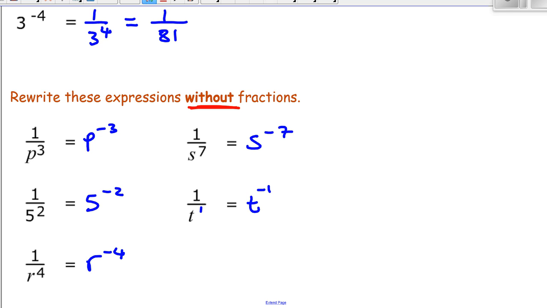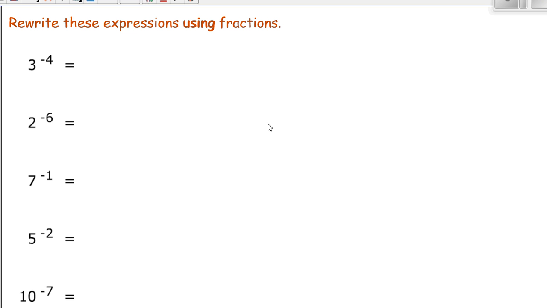So t to the power 1, remember, means that you just have the number itself. Good. I'll move to the next questions.